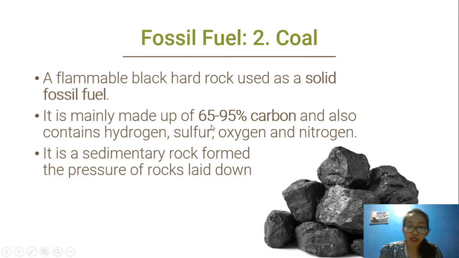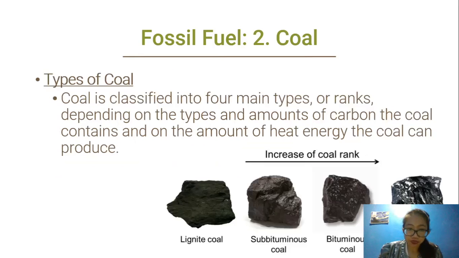It's mainly made up of 65 to 95% carbon and also contains hydrogen, sulfur, oxygen, and nitrogen. And there are different types based on the concentration of carbon they contain. First you have lignite, then subbituminous coal, then bituminous coal, and then finally anthracite. The ranking is based on how much energy or heat the coal can provide.